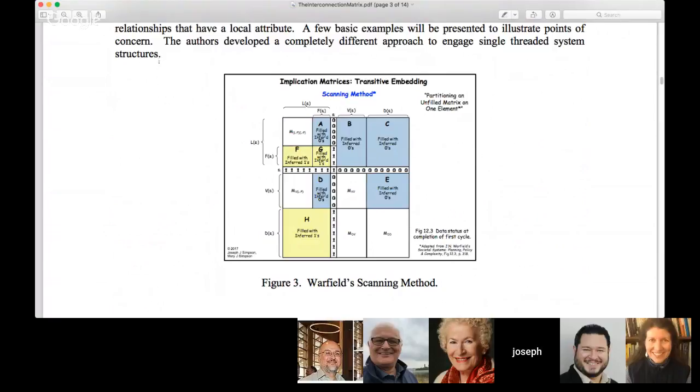I come down one at a time, and I start ordering these objects. And in doing that, I create two basic parts of the matrix. The top piece is ordered, and the bottom piece is unordered. I incrementally order this matrix from the top to the bottom. And so when I get done, I have a completely ordered matrix, but I'm doing it one at a time.